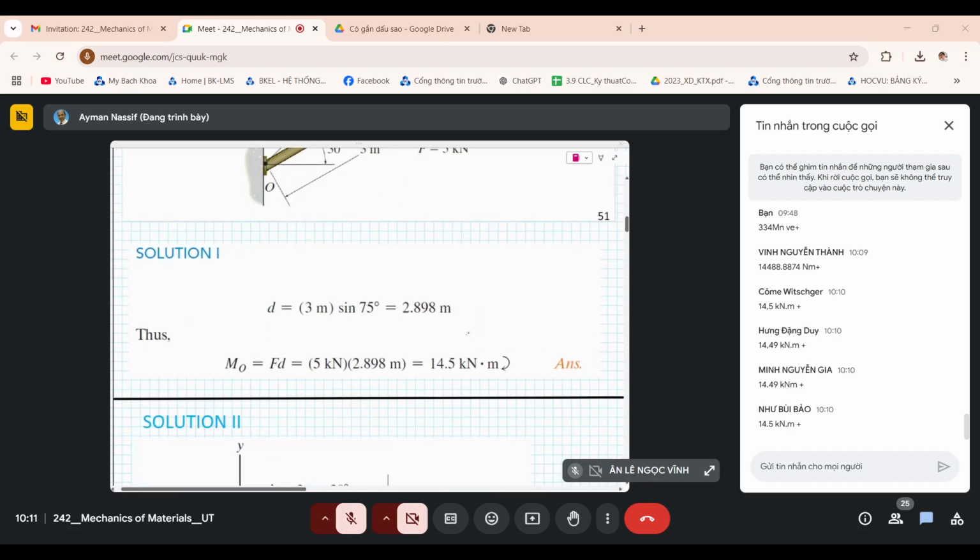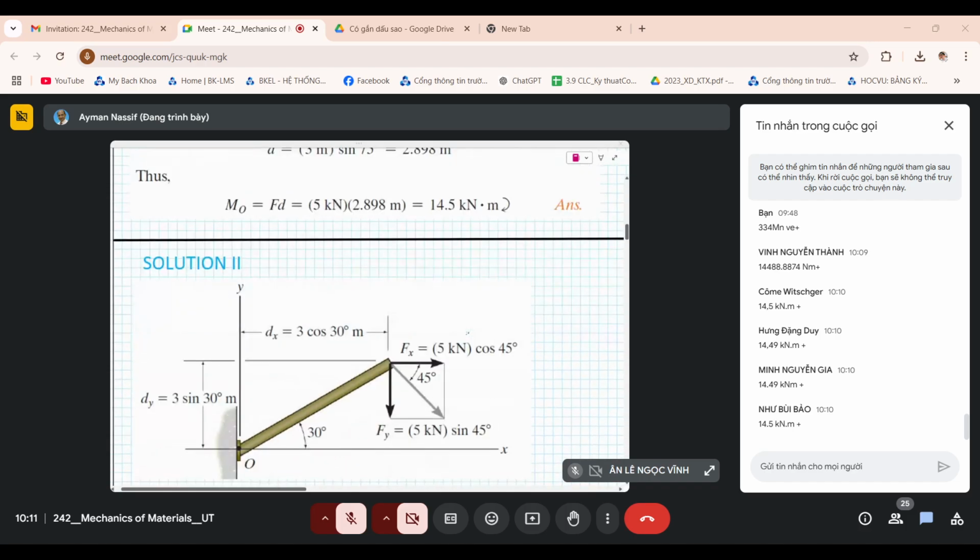But you will get the same solution if you do this, and maybe I'd like you to try it as well. So now you can establish two orthogonal directions, x and y.